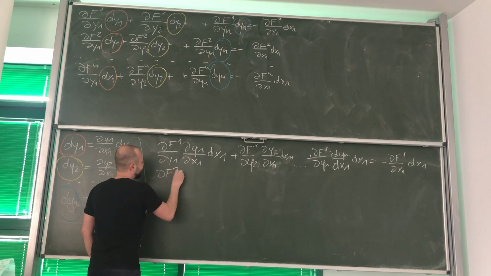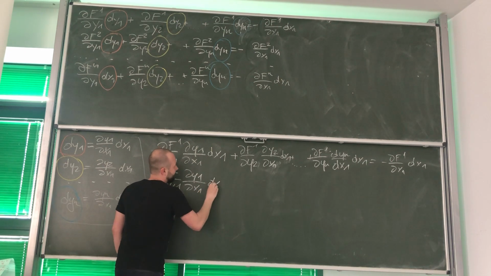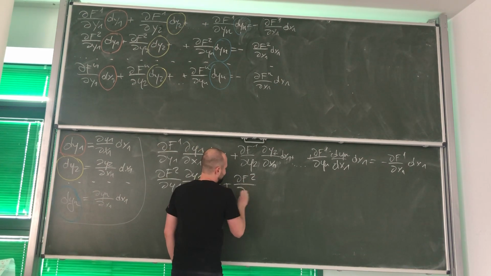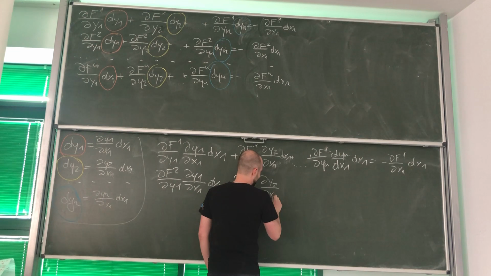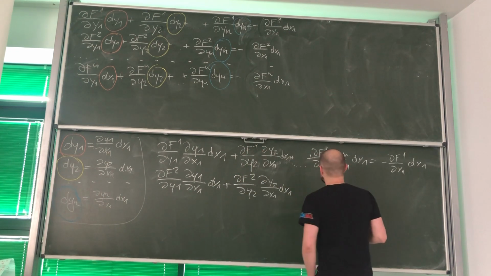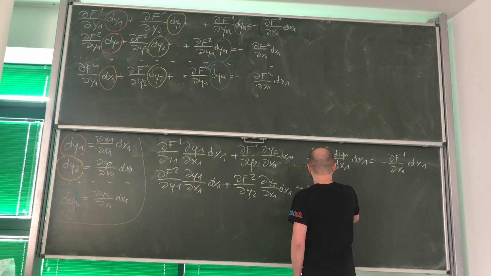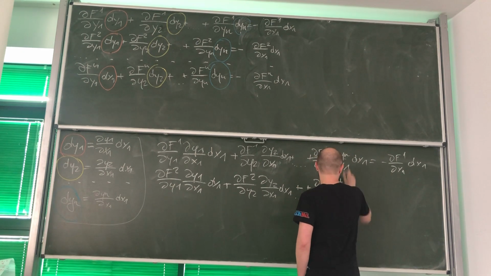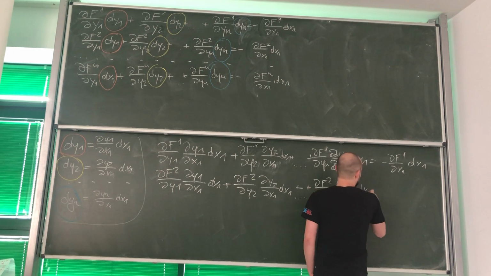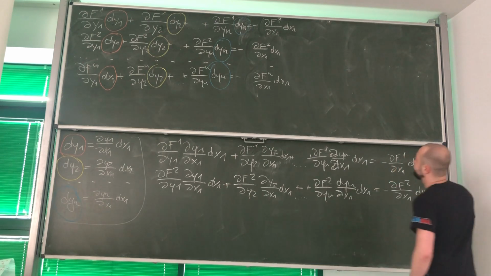So df2 over dy1 times dy1 over dx1 dx1, plus df2 over dy2 times dy2 over dx1 dx1, plus, of course, df2 over dyn times dyn over dx1 dx1 equals negative df2 over dx1 dx1.